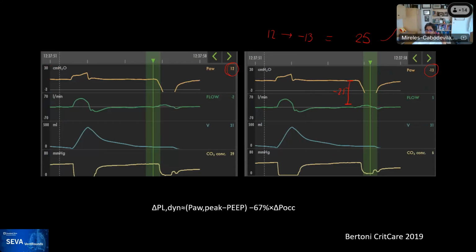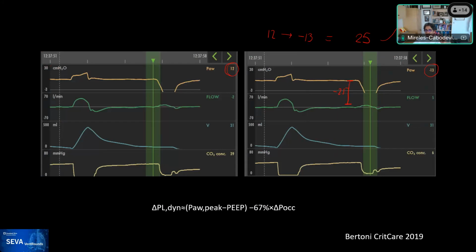So the Pmus is you use this value, and you multiply it. In the Bertoni article, they used a constant of minus 0.75.